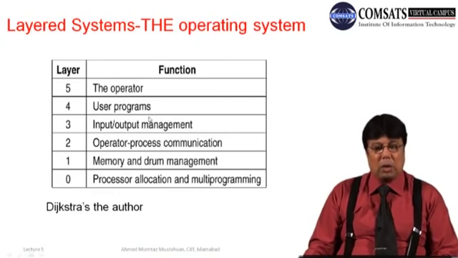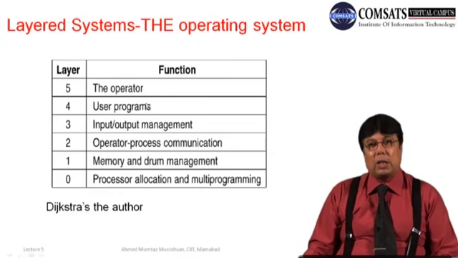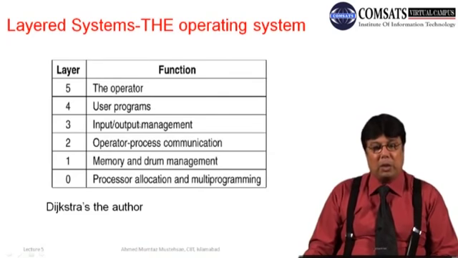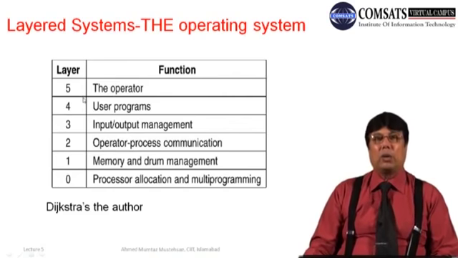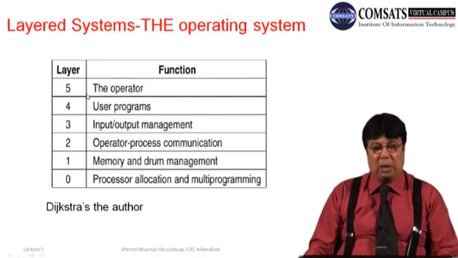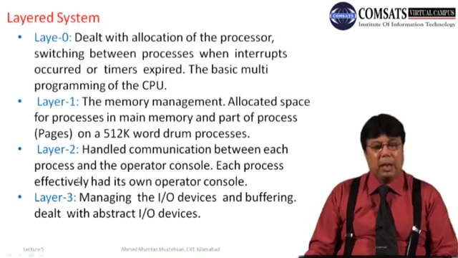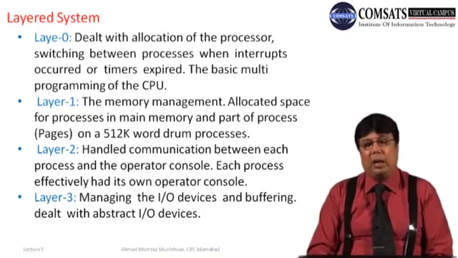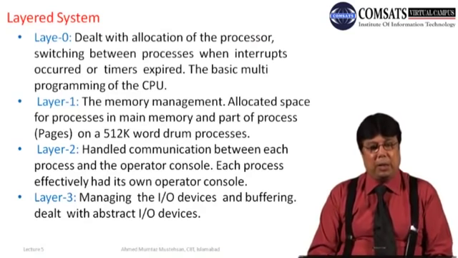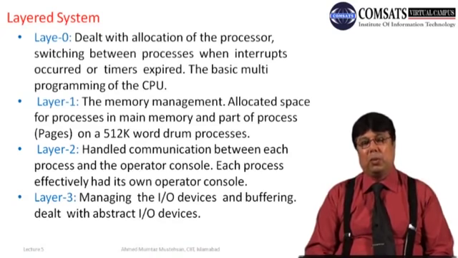So Dijkstra was the author of this proposed structure, and he produced the operating system based upon these 6 layers, and that was called THE operating system. So let's talk about all these layers one by one. Layer 0 dealt with the allocation of the processor, switching between processes when an interrupt occurs or time expires, the basic multi-programming of the CPU.